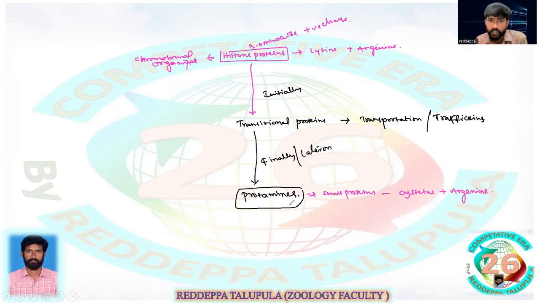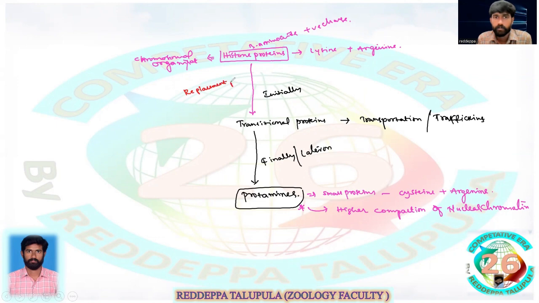Okay, what is the significance of protamine? Higher compaction, a high degree of compaction of nuclear chromatin. It is the function of protamines. Now keep it in mind, it is replacement one, and that is replacement two.